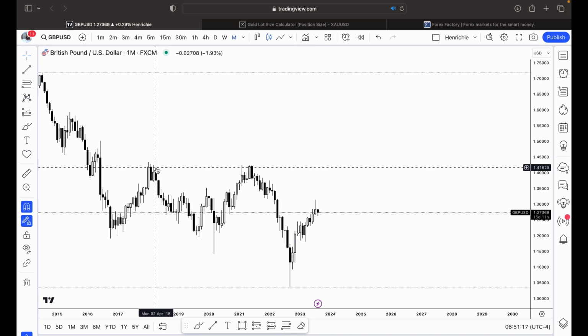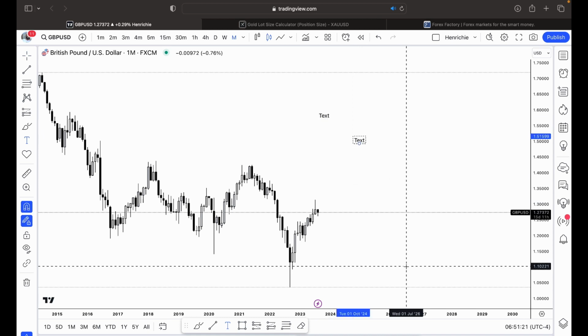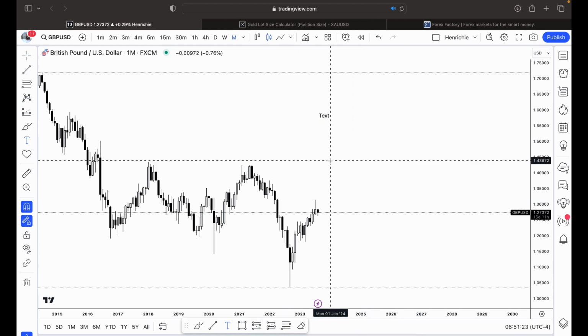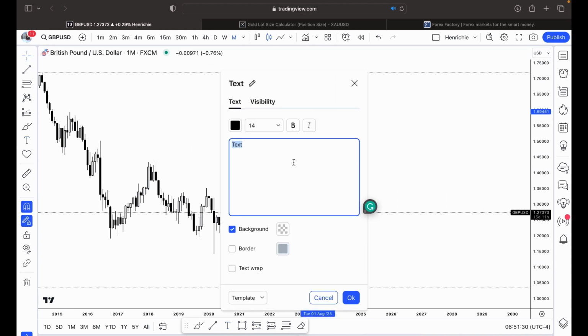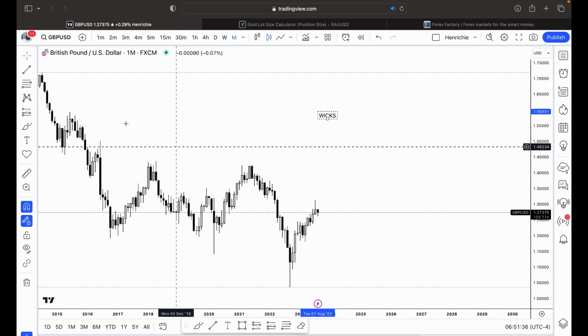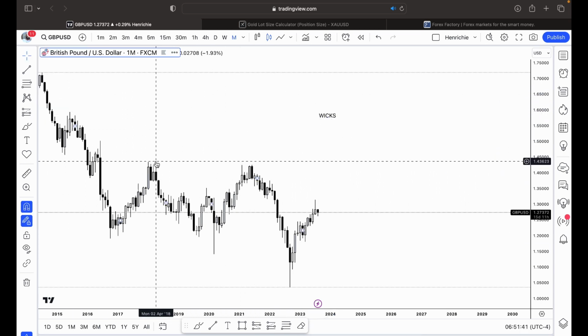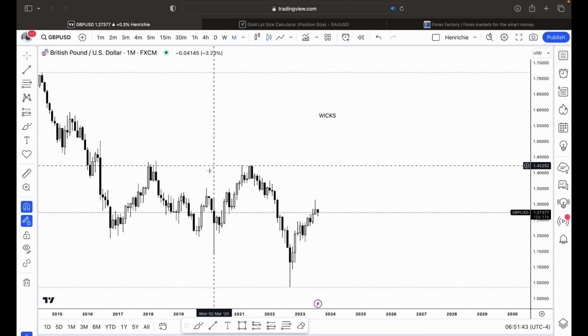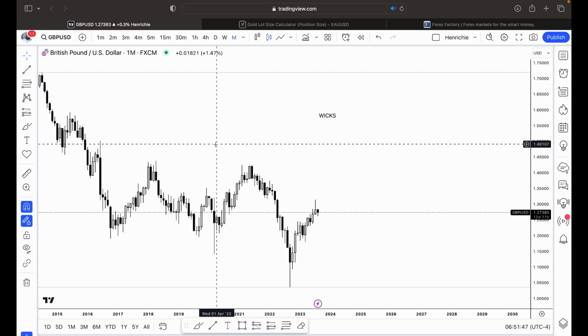That's what it's called, wicks. So I'm going to write it on the chart. These are called wicks. So wherever you see this, just know that's a wick. Wherever you see these ones, they are called candlesticks.